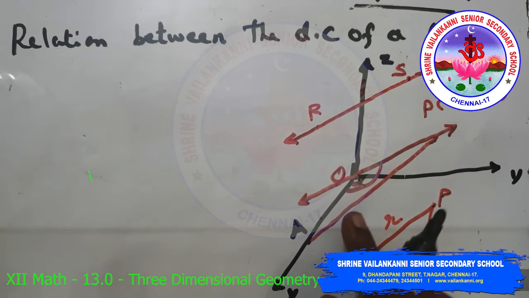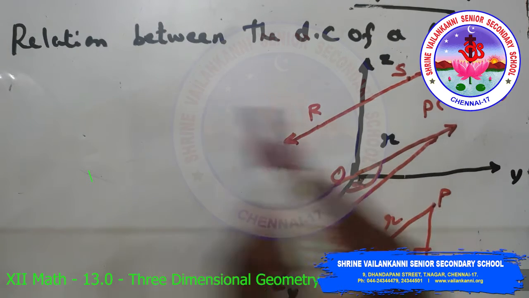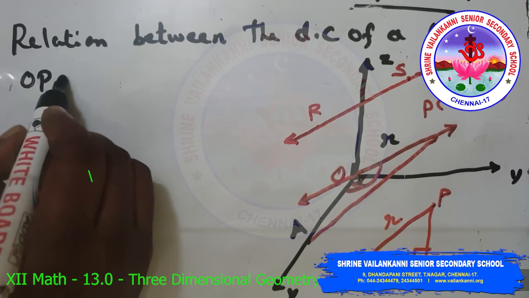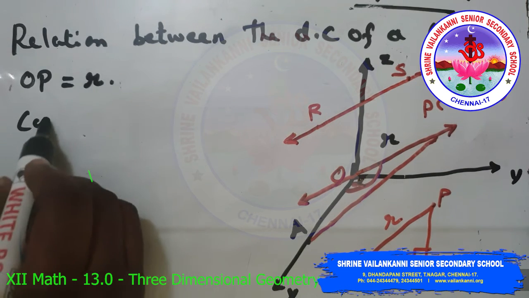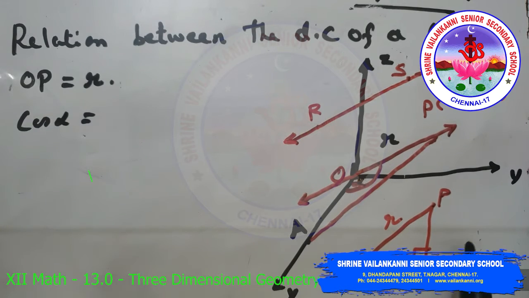Let OP equal r. In triangle OPA, cos alpha equals OA by OP, adjacent side by hypotenuse.